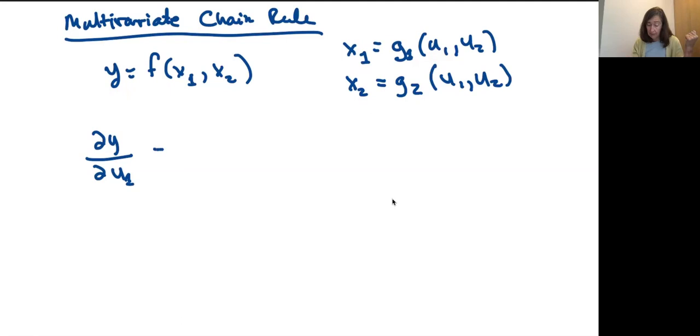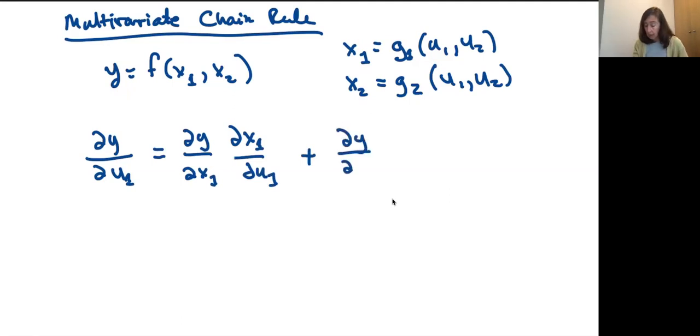It's standard chain rule logic, but now it has two parts. So the partial derivative of y with respect to u1 is the derivative of y with respect to x1 times the derivative of x1 with respect to u1, plus the derivative of y with respect to x2 times the derivative of x2 with respect to u1.